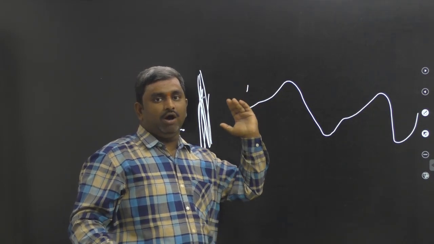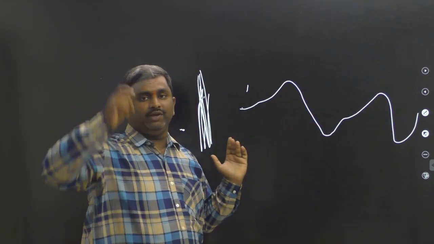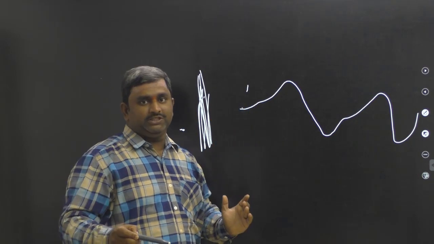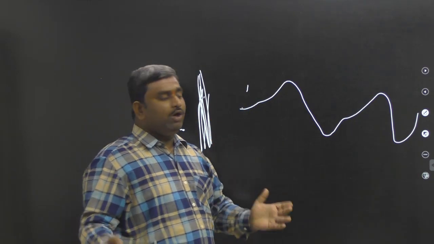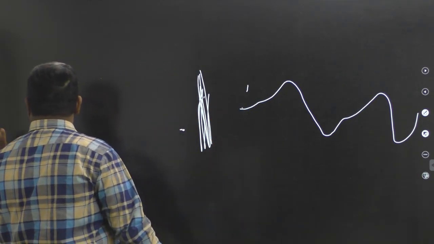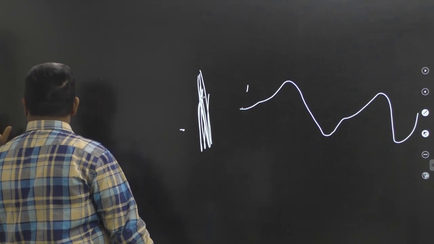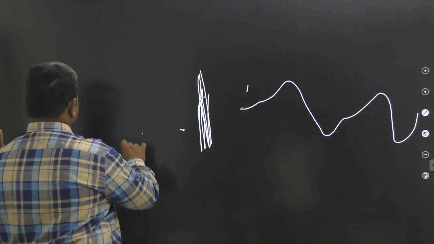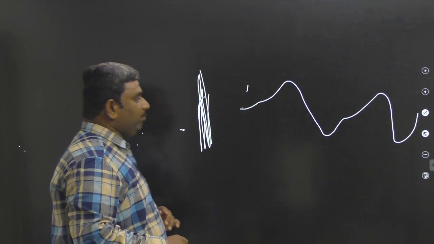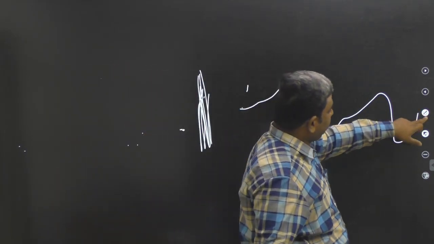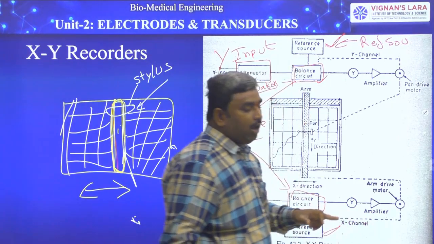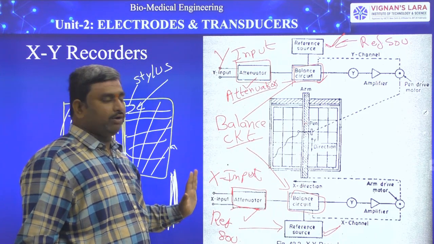The arm is moving in a horizontal direction and the pen is moving in the vertical direction. This is the same principle. Now we are using it in this block diagram.